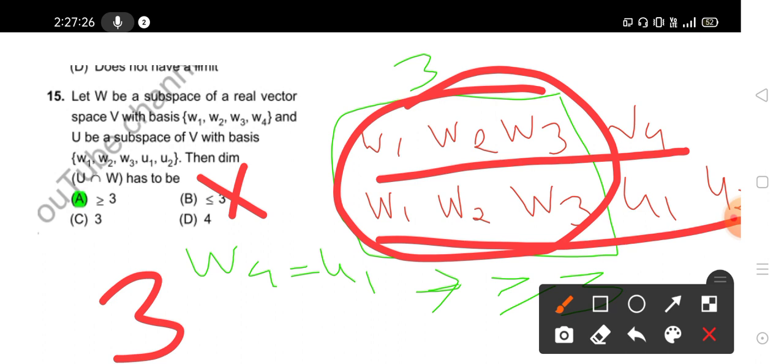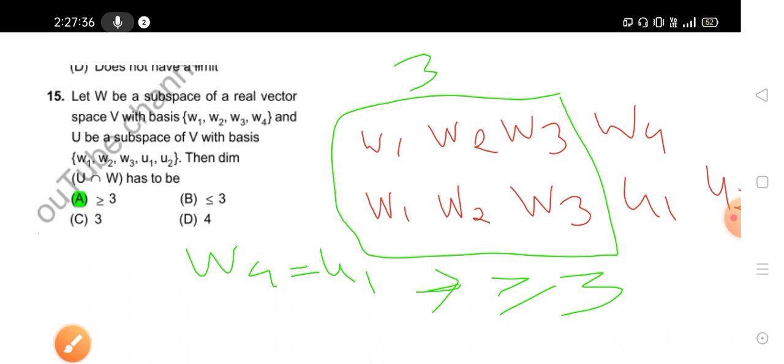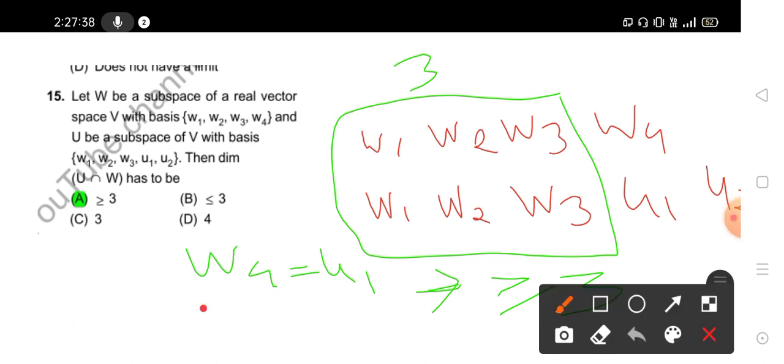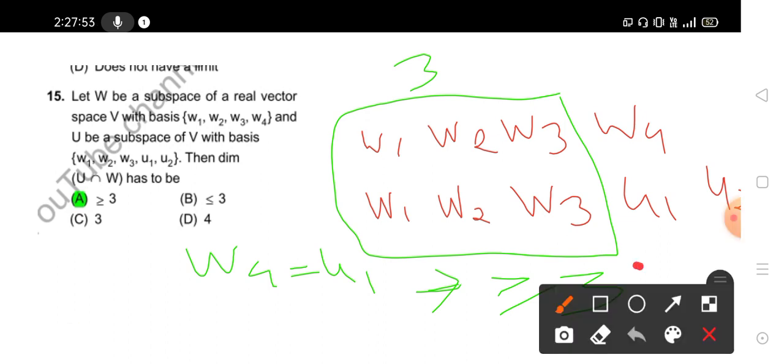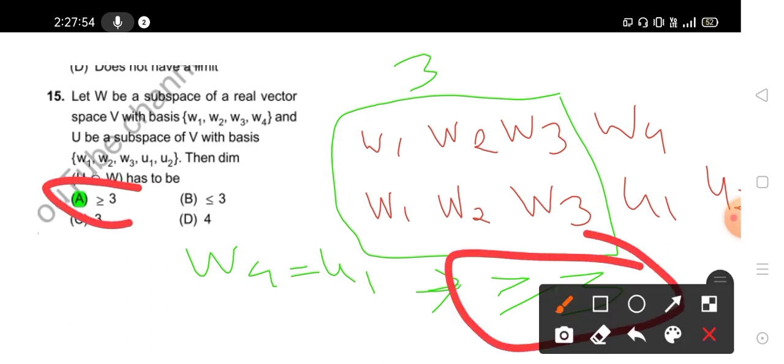And if I take W4 equal to U1 or U2, then we get U intersection W equal to 4. If I take W4 equal to U1, then I get U intersection W equal to 4. Therefore the dimension is 3 or greater. Answer A is correct.